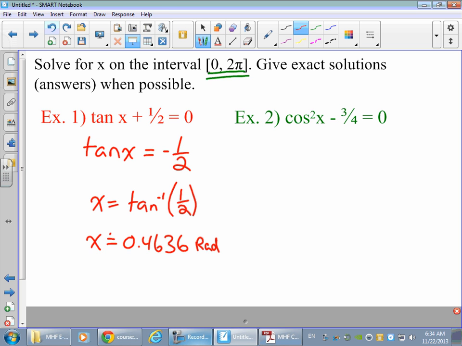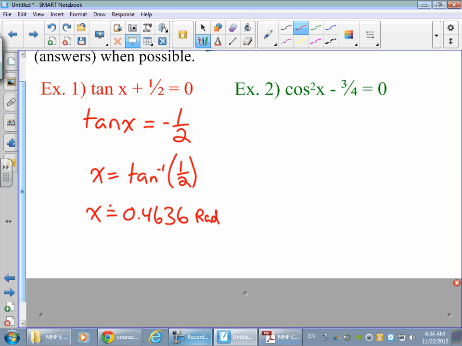To solve that, we do the inverse of tan. Now, tan of 1/2 is not one of the ratios that we know. So if it were, I would deal with it a little bit differently. Pick up a calculator, punch this in, and the first answer we get is, sorry, I got that wrong, because I did not punch in the negative 1/2.